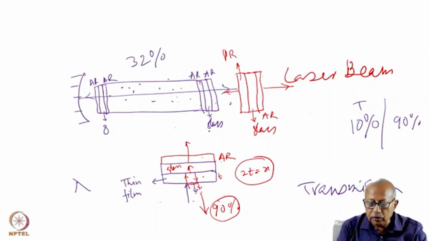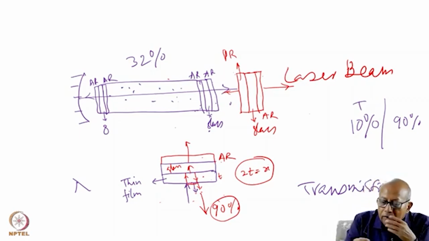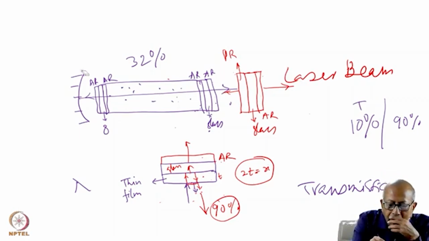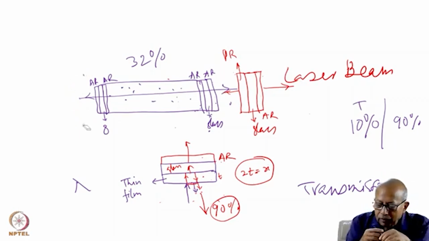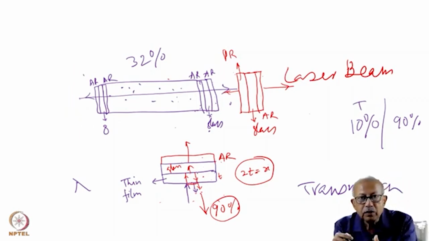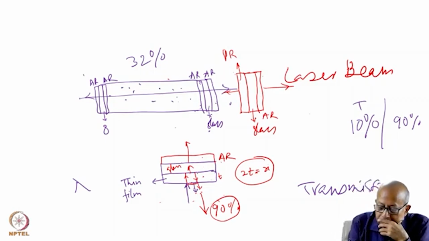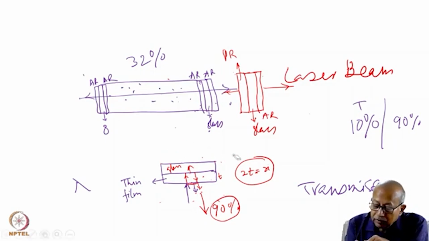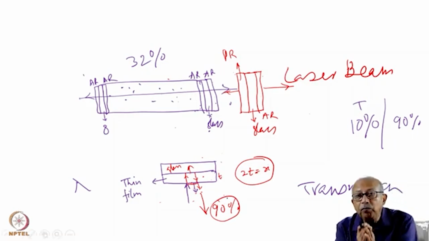However, I must also tell you that in many operations of laser, even a 100% reflective mirror is fabricated this way. So what you do here, you actually put this dielectric layer, dielectric film, in such a way that there is 0% annihilation, it's a complete reinforcement.